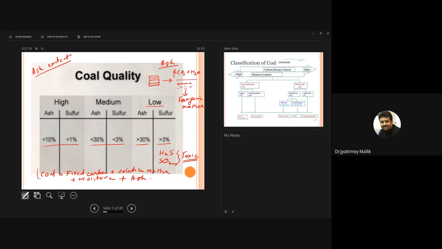So these are the typical constituents of coal, right? Fixed carbon, that's the actual carbon present. Volatile matter is the gaseous thing which is essentially adsorbed into the coal matrix, which is non H2O, and then moisture, which is absorbed within coal, which is primarily H2O, and ash is nothing but the mineral matter or the inorganic part of the coal. Okay.